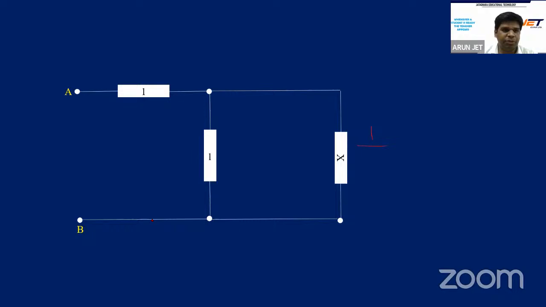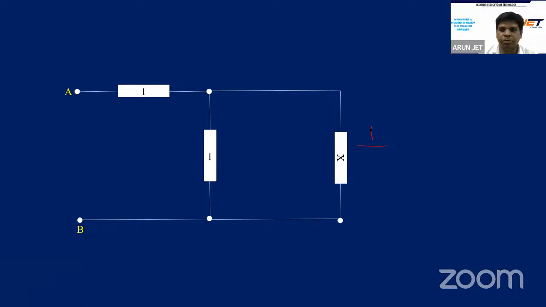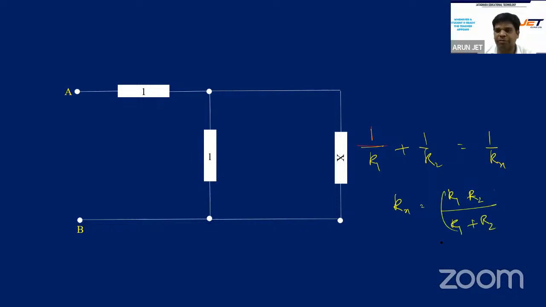So 1 by R1 plus 1 by R2 is equal to 1 by Rx equivalent. So how can I write this? I'll write Rx is equal to R1 R2 by R1 plus R2. So whenever you have two resistances, you can quickly think of R1 R2 by R1 plus R2.